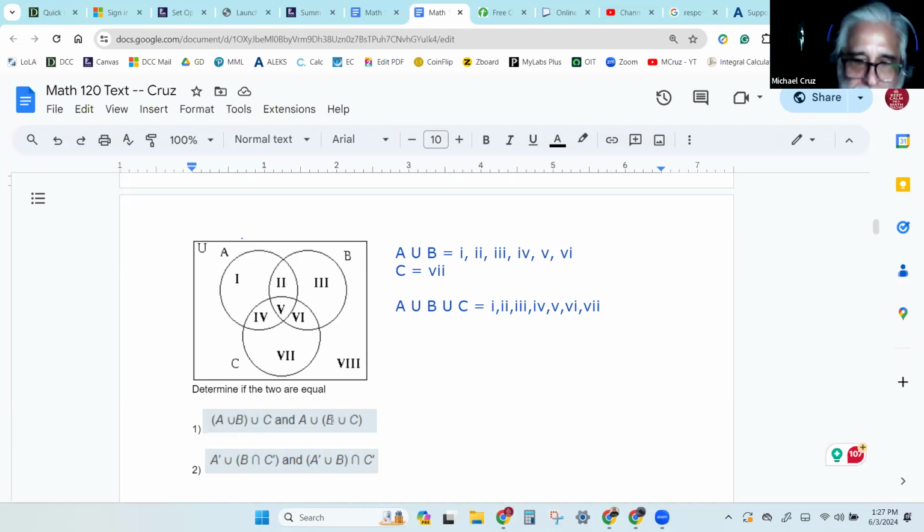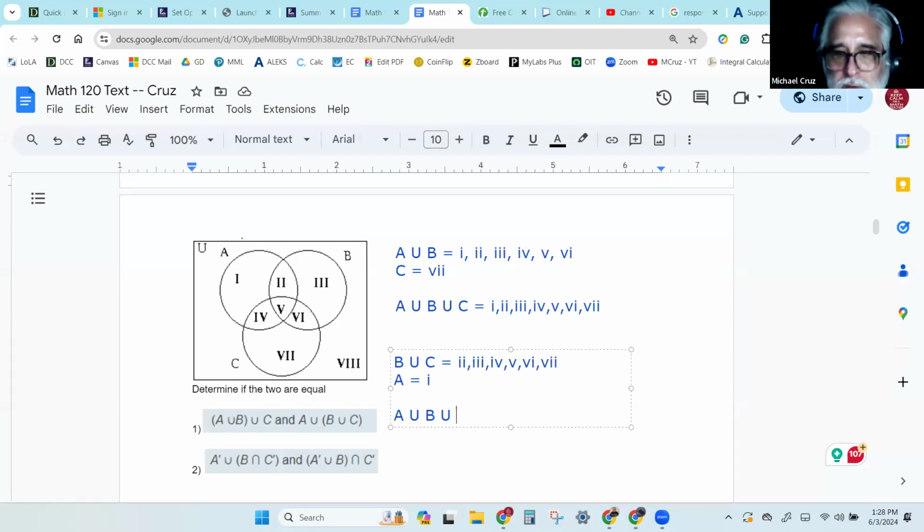So we essentially did it like this. So let's just do B union C first. B union C is just everything but 1. And then A is, of course, 1. And then when we take the union of the two parts, all of them.